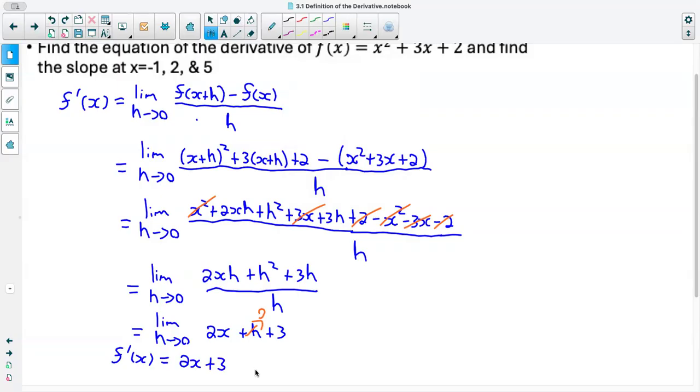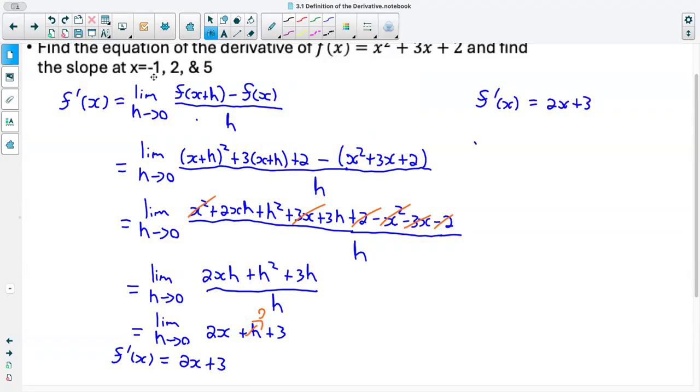So now we found our derivative of that function. We'll now figure out the slopes at these individual places. So we'll just do that up here. So I'll just rewrite our equation up here. So we've got f prime x equals 2x plus 3.